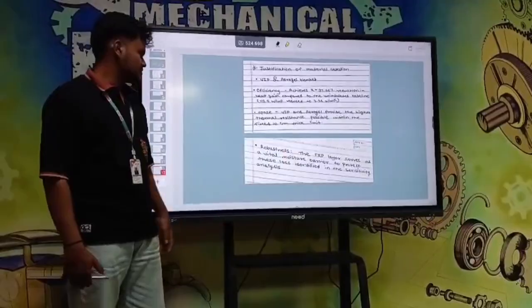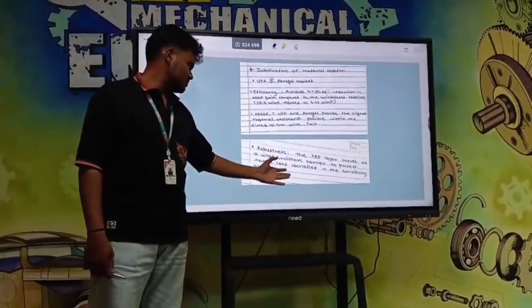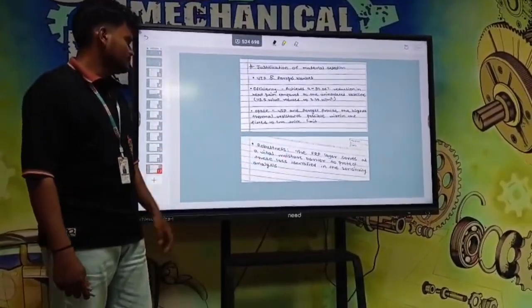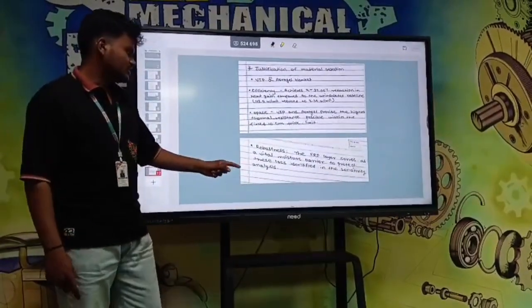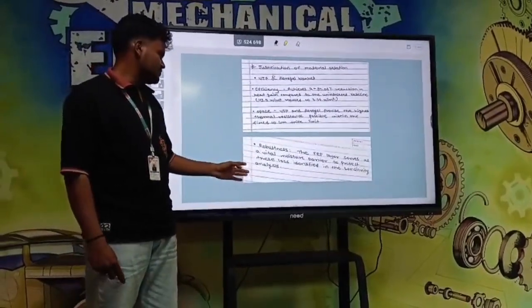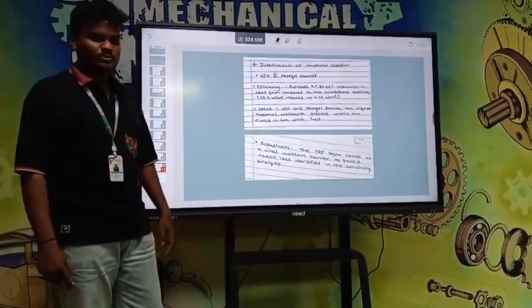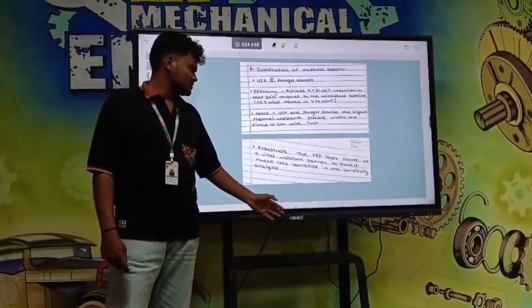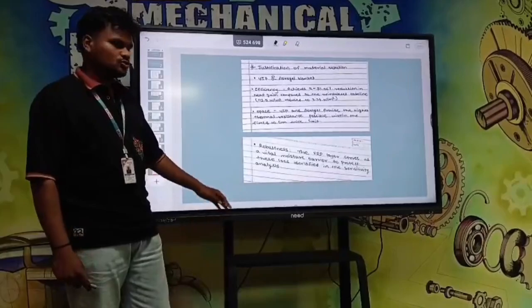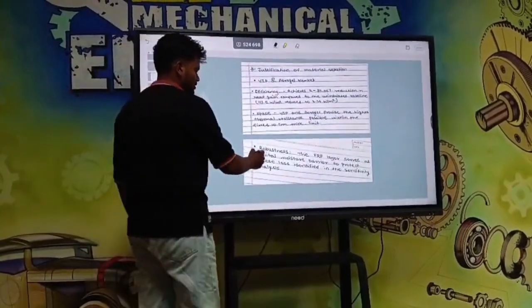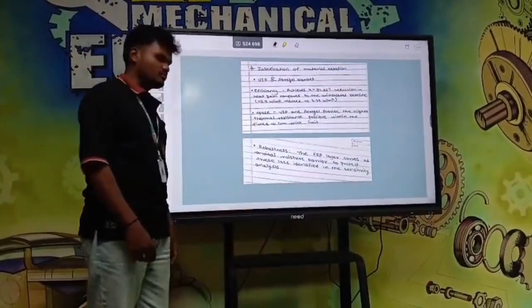For robustness, the FRP layer serves as a vital moisture barrier to protect against the loss identified in the sensitivity analysis, where moisture increases K by 15%, as mentioned in the problem. To prevent that, I have taken this. Thank you.